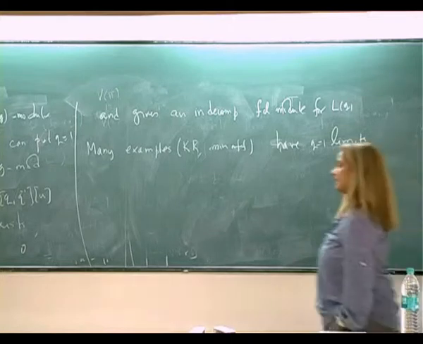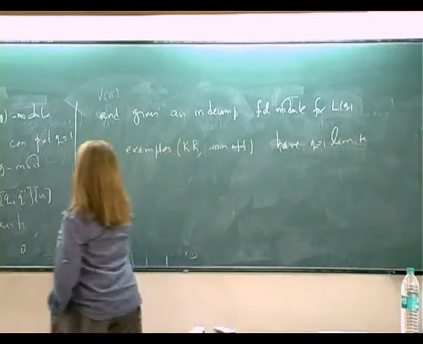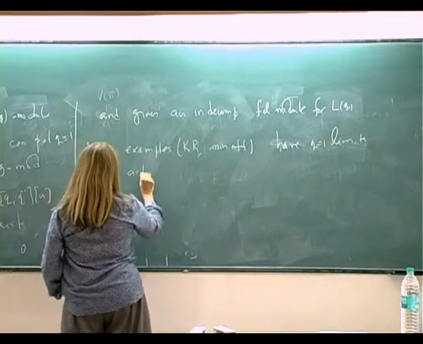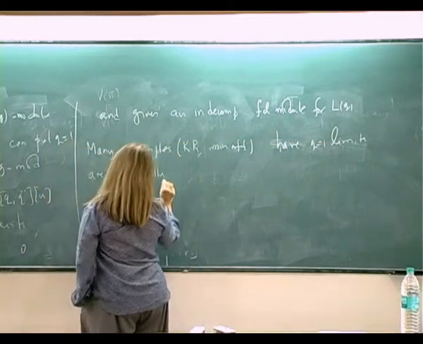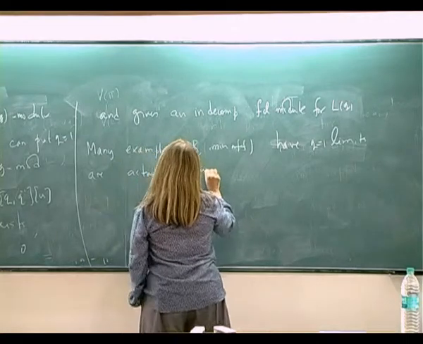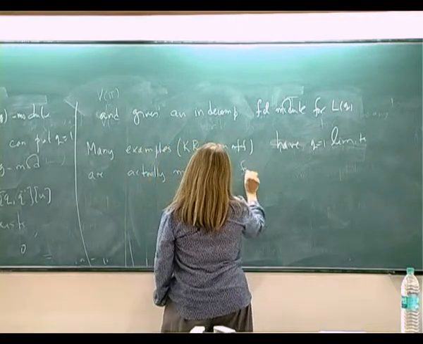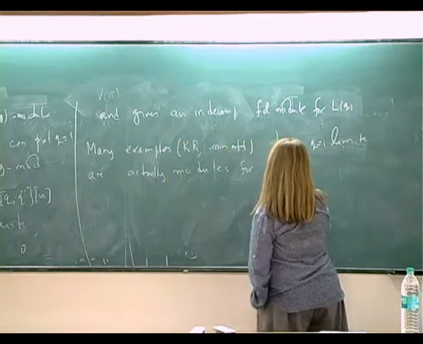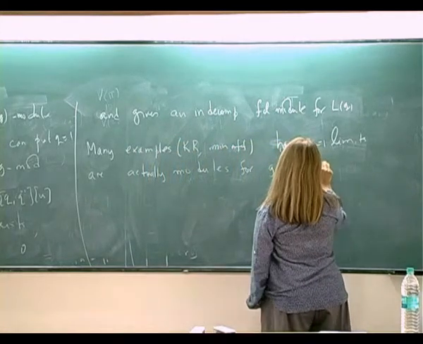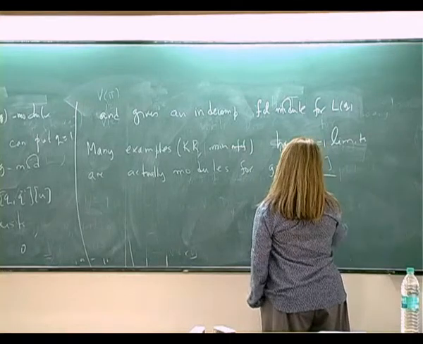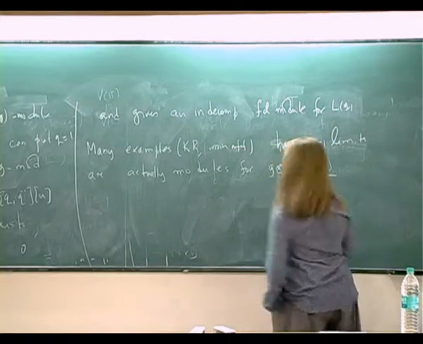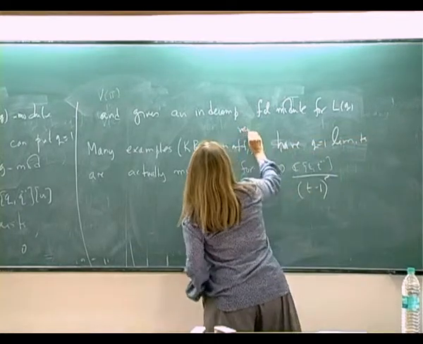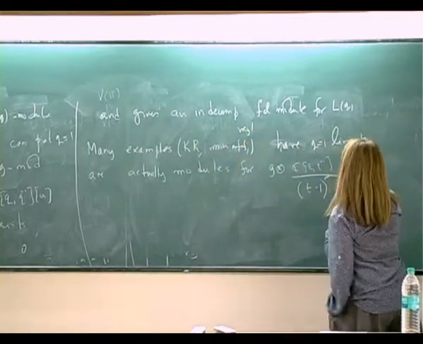But they also have another very important property. They're actually modules for the following quotient: for G tensor C[t, t inverse], modulo (t minus 1) to the power R, for some R.